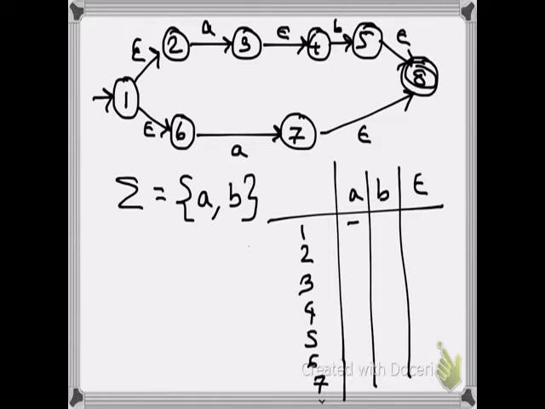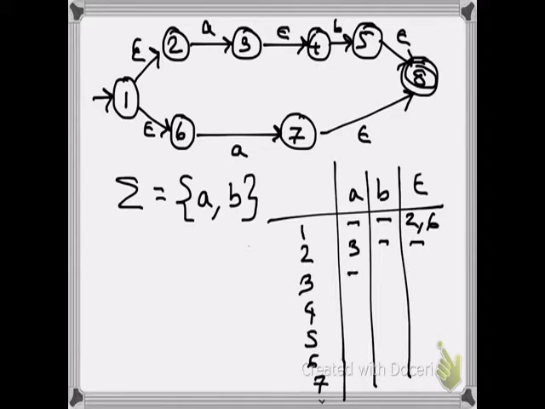So 1 on A does not go anywhere, 1 on B does not go anywhere, whereas 1 on epsilon goes to 2 and 6. Similarly, 2 on A goes to 3. 2 on B does not go anywhere, and 2 does not have an epsilon transition.